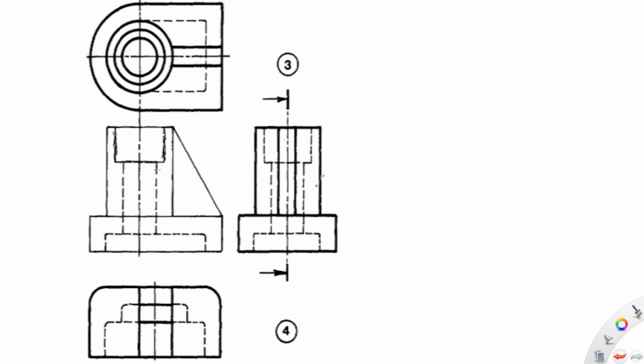So now instead of short dashes, you have a thick continuous line here too. Then this one will be continuous, and this as well, like that.